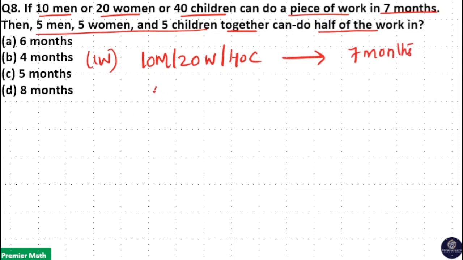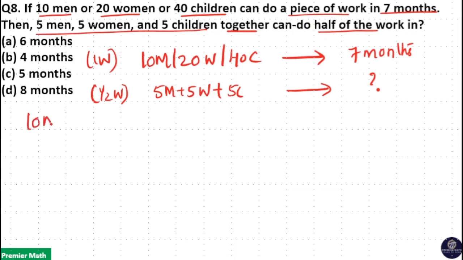Then we need to find out 5 men plus 5 women plus 5 children can do half of the same work in how many months?